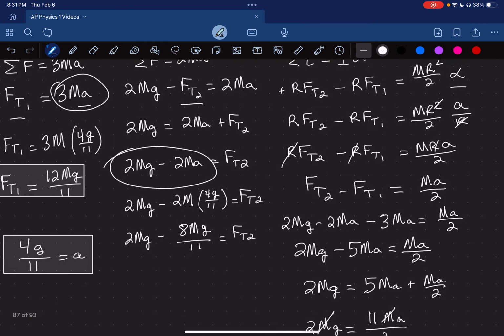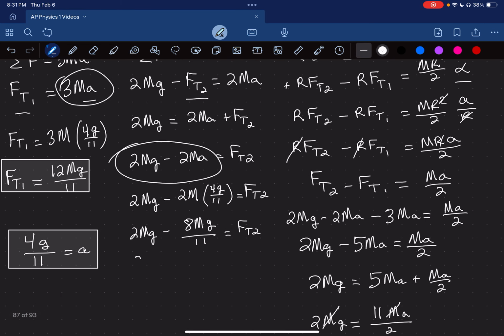And let's get a common denominator. That's 22mg over 11 minus 8mg over 11 equals FT2. And 22 minus 8, what is that? 14?